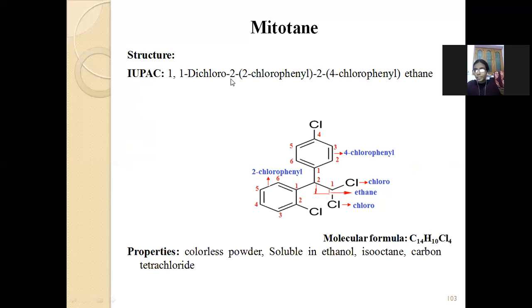And next, in the second position, these two phenyl groups are present. If you see this phenyl structure, in the second position the chlorine atom is there, so that is 2-chlorophenyl.